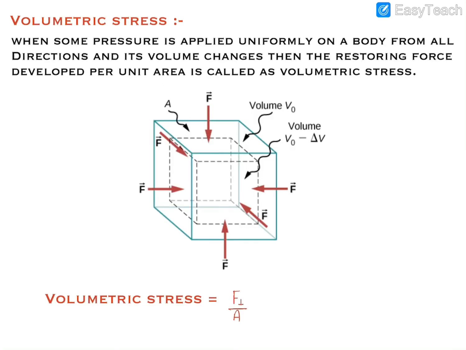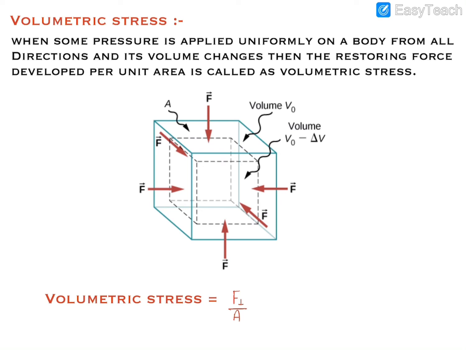Now, what is volumetric stress? Volumetric stress is sometimes also called pressure. When we apply some pressure uniformly on a body which is either solid or fluid, then it changes its shape and size, and that pressure, which is the force per unit area, is called volumetric stress.